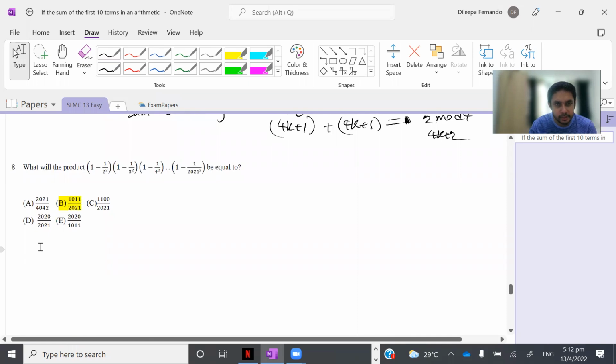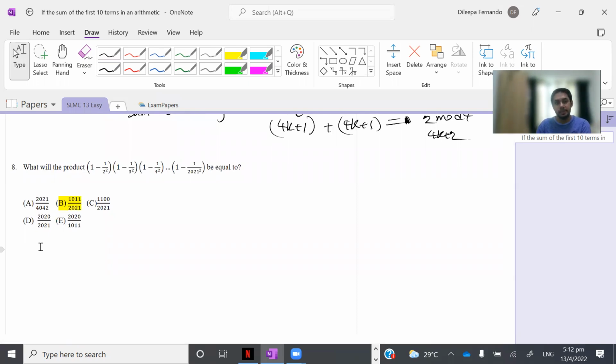So in question 8 you also have a very long product, but here we need to find some simplification. By experience, I can see you can try to find some telescopic product.